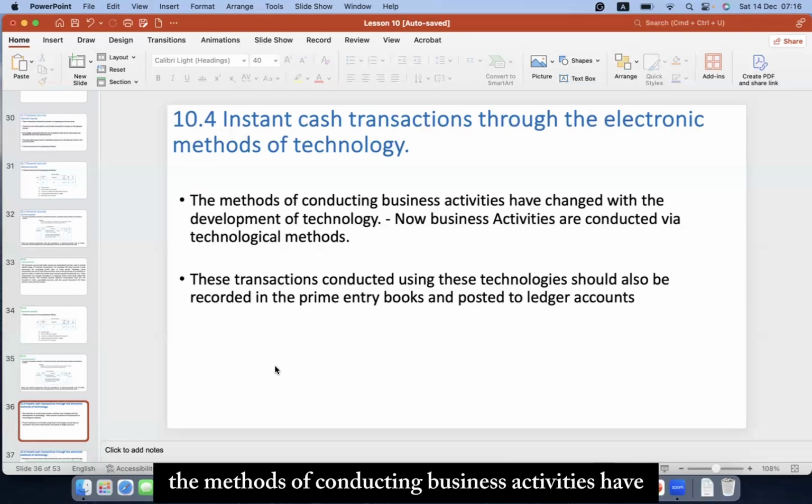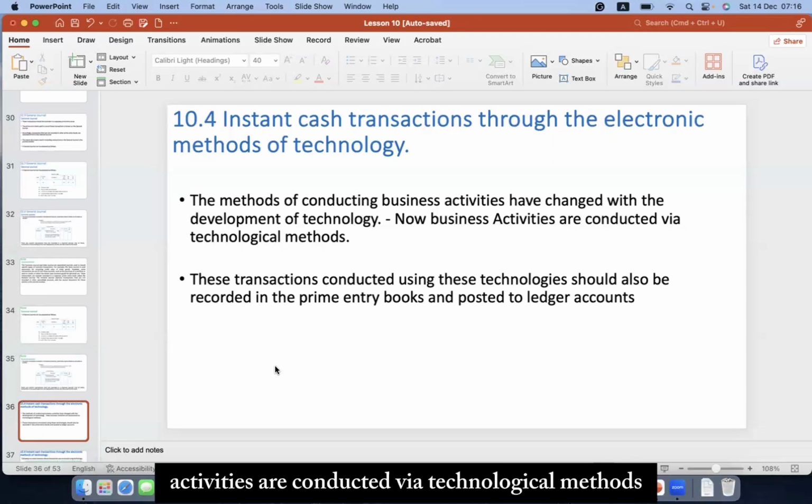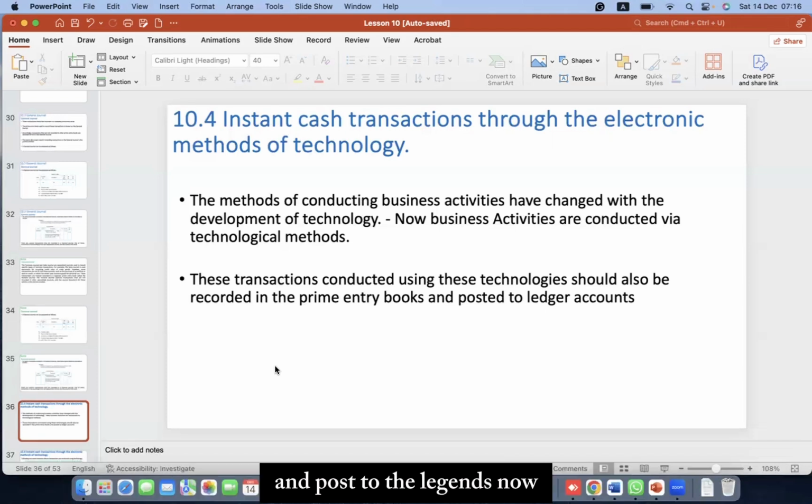The methods of conducting business activities have changed with the development of technology. Now business activities are conducted via technological methods. These transactions conducted using technologies should also be recorded in the prime entry books and posted to the ledgers.